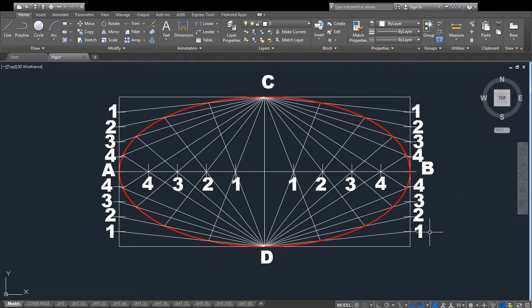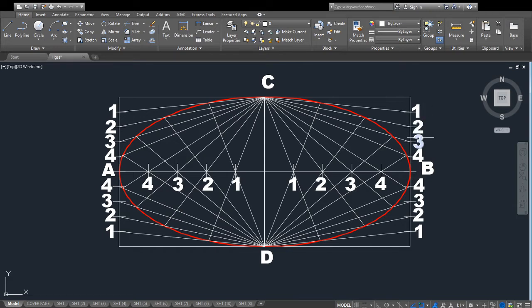In this case we have 0 to 5 and 0 to 5. The center here is 0, 1, 2, 3, 4, and then we have here as 5. Here we have 0, 1, 2, 3, 4, and here is 5 as well.